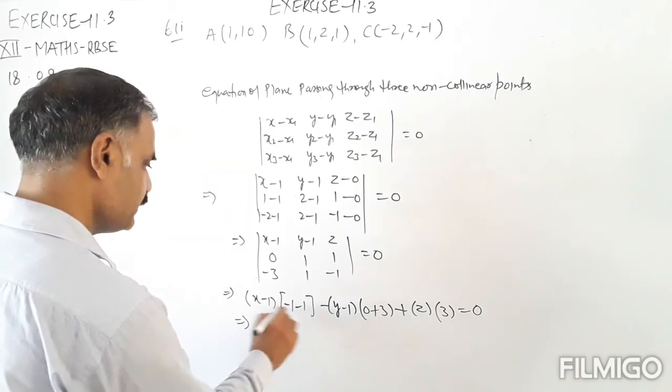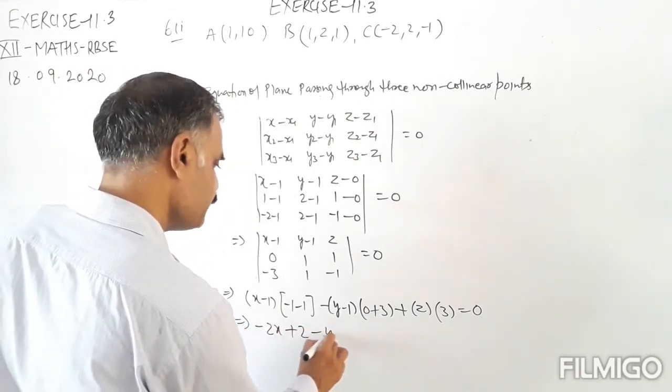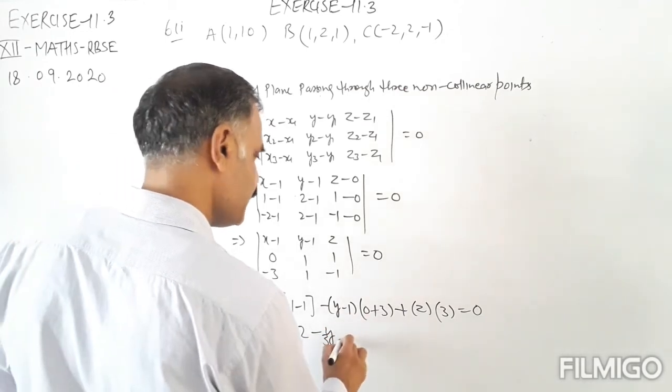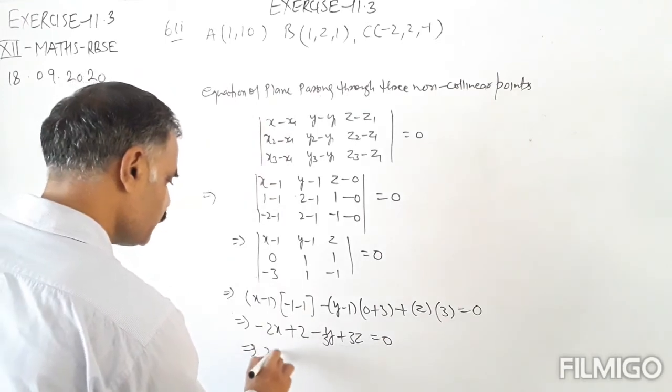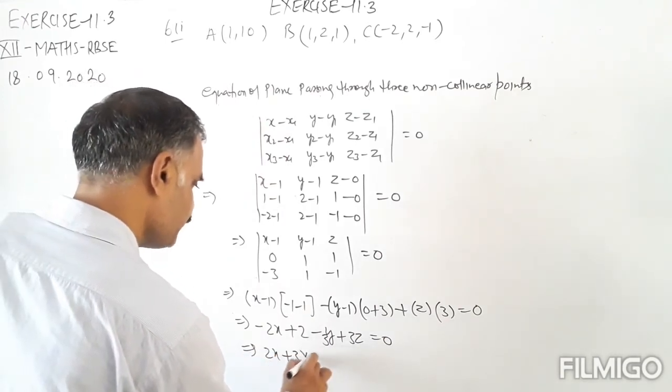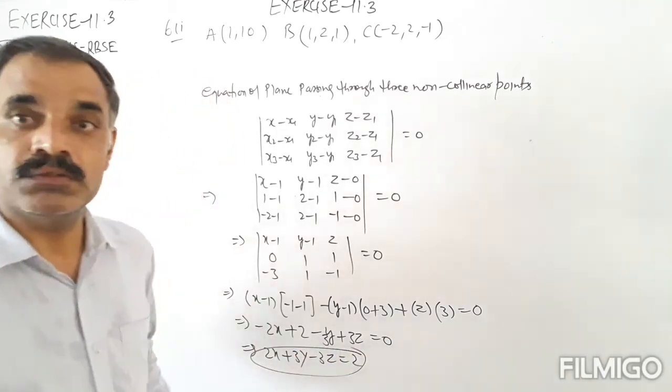So solving this, minus 2x plus 2 minus 3y plus 3z is equals to 0. So equation of plane is 2x plus 3y minus 3z is equals to 2. This is the equation of the plane.